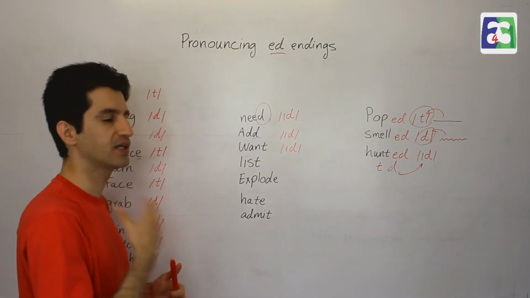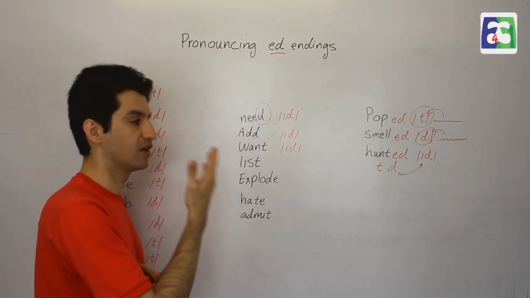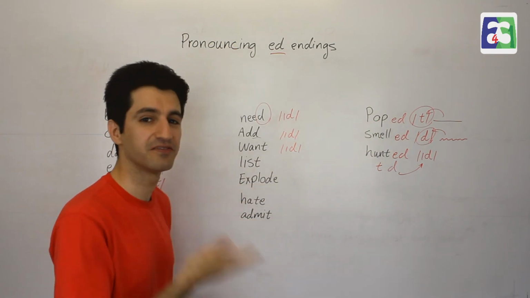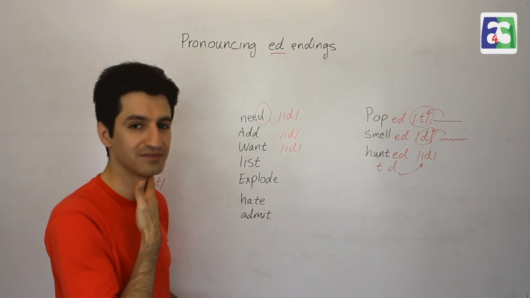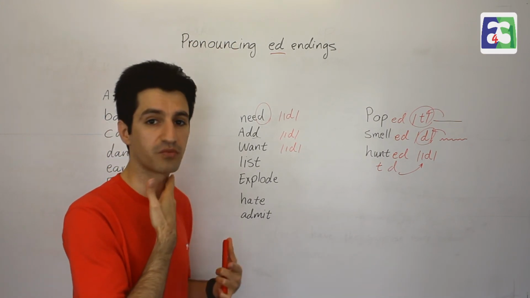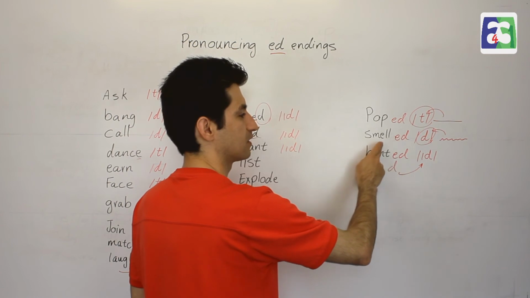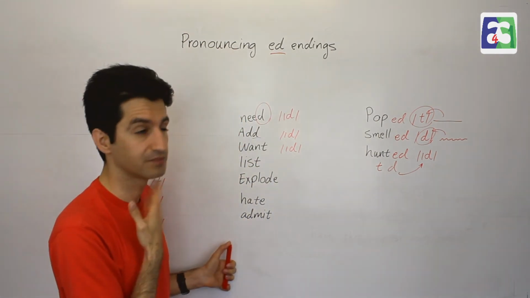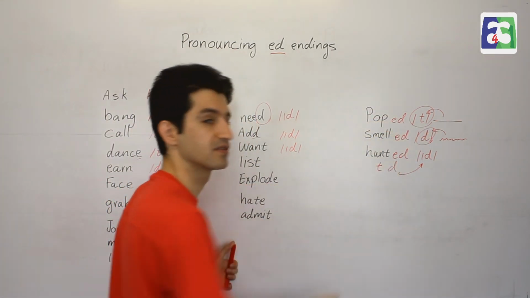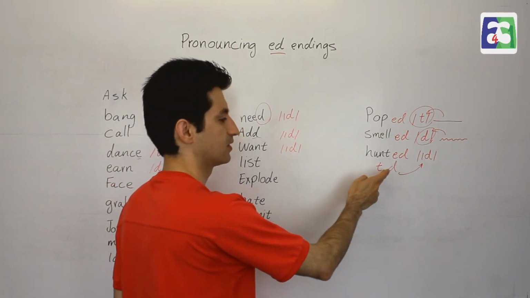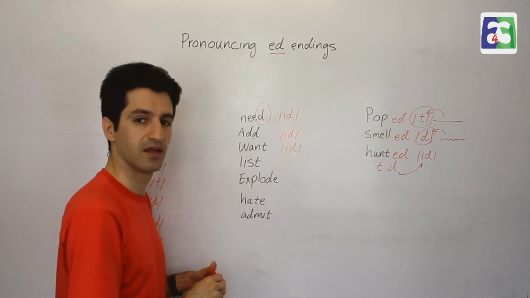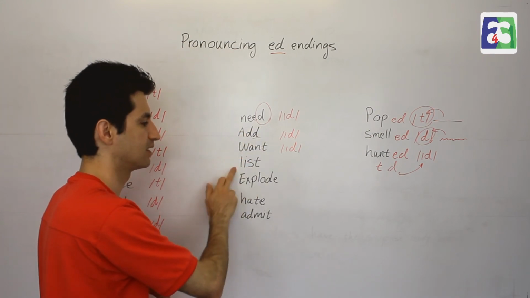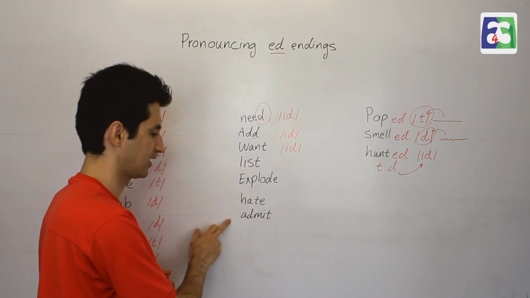So if I am pronouncing the final letter and that final letter is vibrating, actually causes my vocal cords to vibrate, then the ed that appears after that is pronounced D. If it doesn't make my vocal cords vibrate, then that ed is pronounced T, except for times that I have a T or D sound at the end, like this: need, add, want, list, explode, hate, and admit.